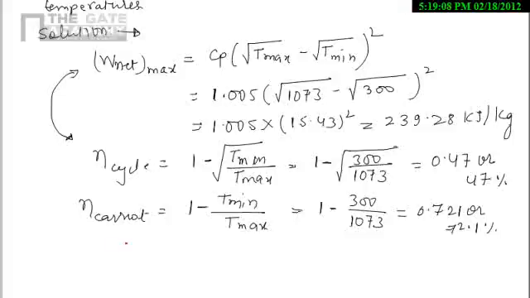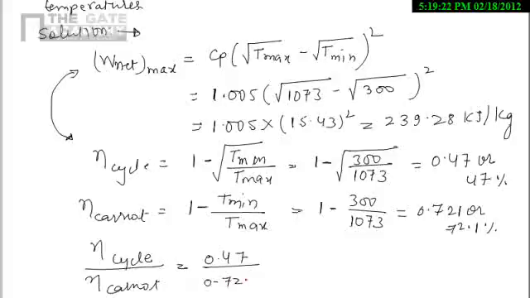Now let's take the ratio, efficiency of cycle divided by efficiency of Carnot cycle: 0.47 divided by 0.721. So this ratio comes to 0.652.